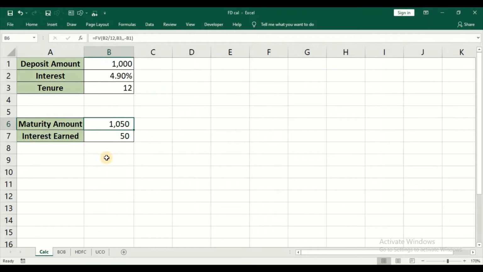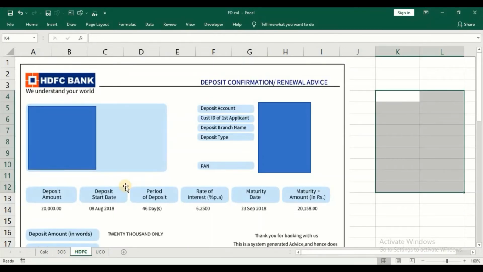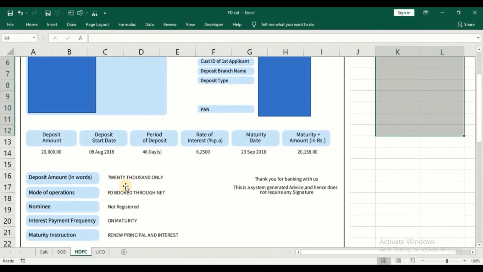But in some of the banks like State Bank of India or HDFC, this tenure will not be in terms of months, it will be in terms of days. So I just have the fixed deposit receipt of HDFC. I'll just move on to the HDFC bank sheet. You can see this is the actual fixed deposit receipt that you received.